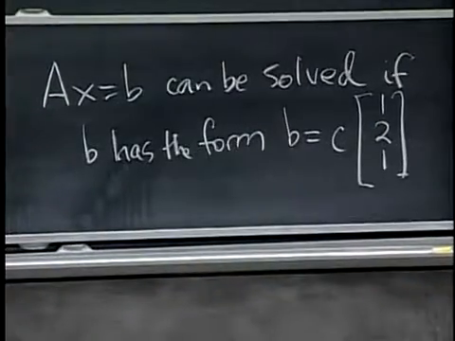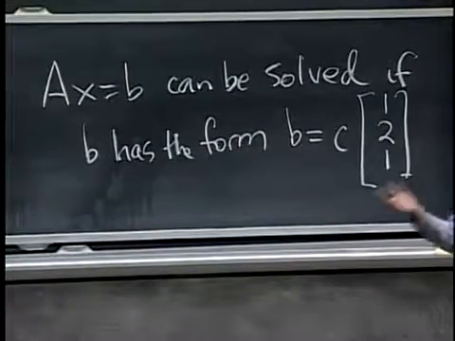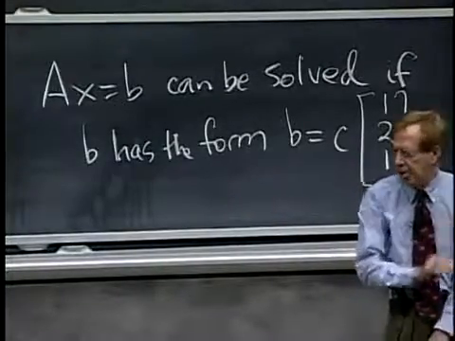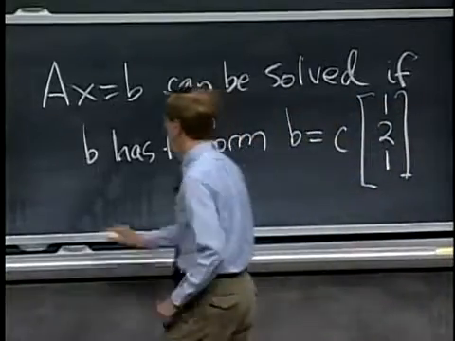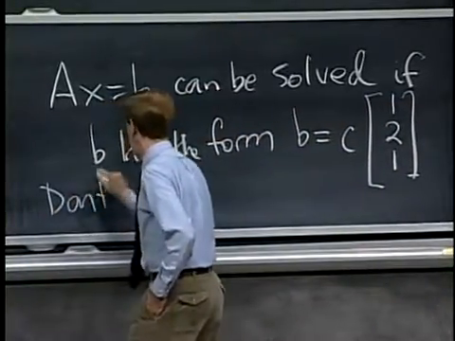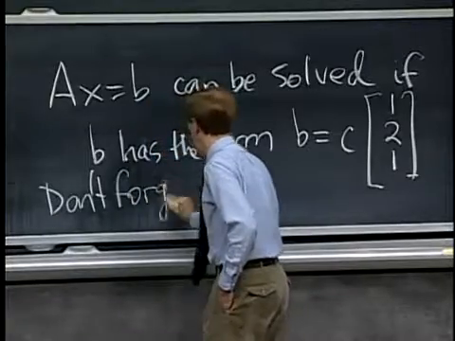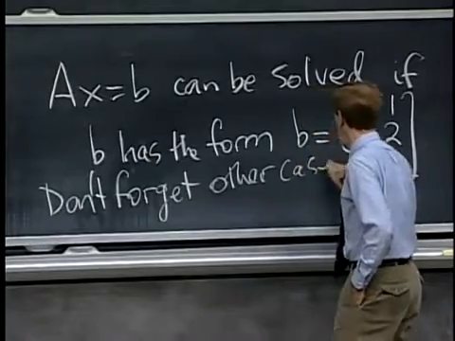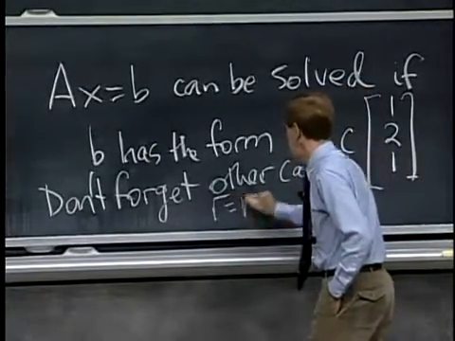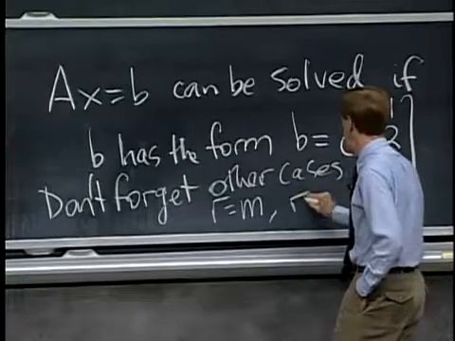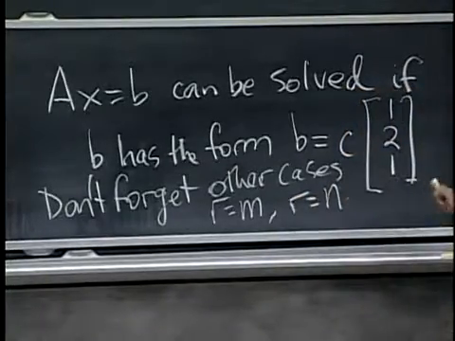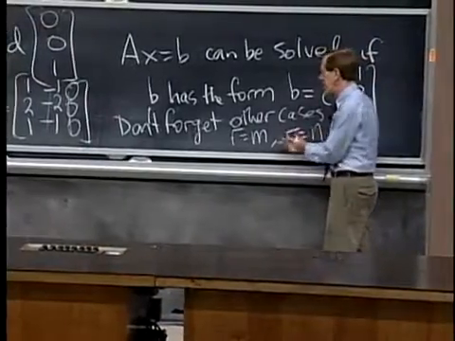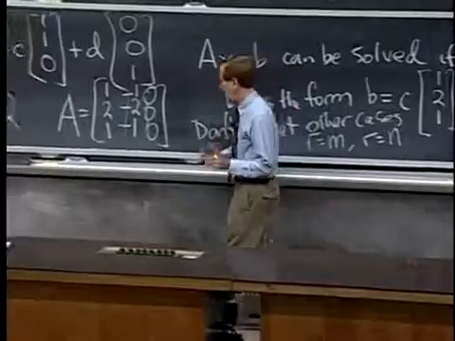Let me just recall the other extreme, when the rank is big. Don't forget the other cases when R is as big as it can be, R equal M or R equal N. Those we had a full lecture on, full rank, an important case.